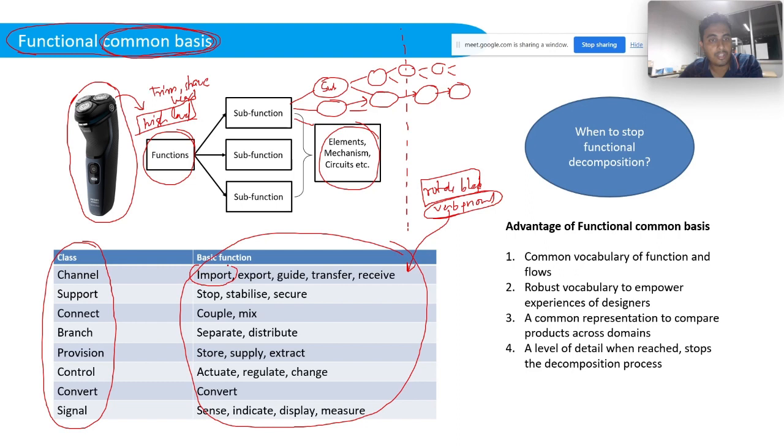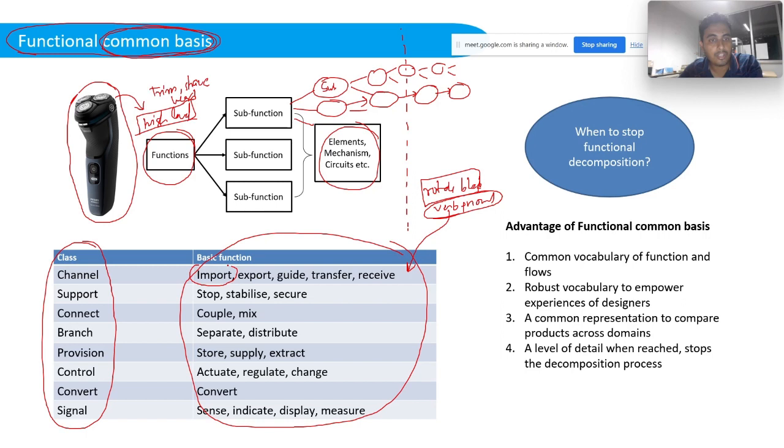Sometimes his intention may not be understood by someone else. So using the basic functions makes sure that if someone else also reviews your functional decomposition diagram, he may also understand what sort of function you as a designer are actually expecting. So that's the reason why it's a robust vocabulary that actually defines the true functional ability.